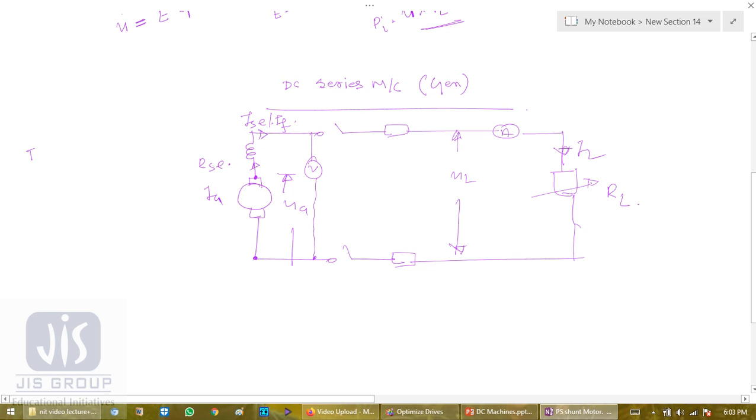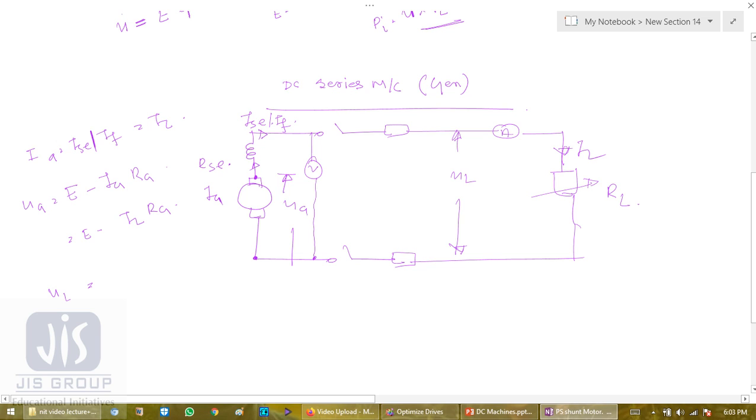So we can now write IA equals to this. What is my UA? Generator, subtractive polarity, IA RA. So we can again write IL, because IA equals IL. Now what is my UL?